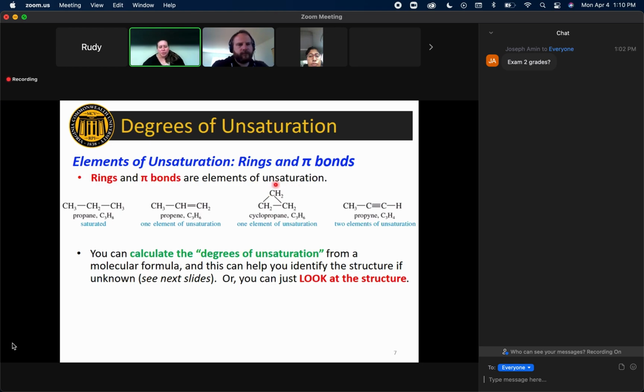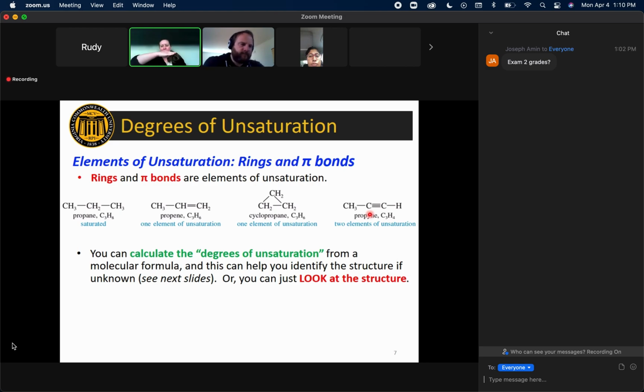If we were to take our propane and turn it into cyclopropane, we would have a ring, and that ring represents 1 degree of unsaturation. Now, in this last example on the far right, we have propyne, which is the 3-carbon molecule with a triple bond in it. Now, think back and remember that a triple bond is made up of a sigma bond and 2 pi bonds, right?